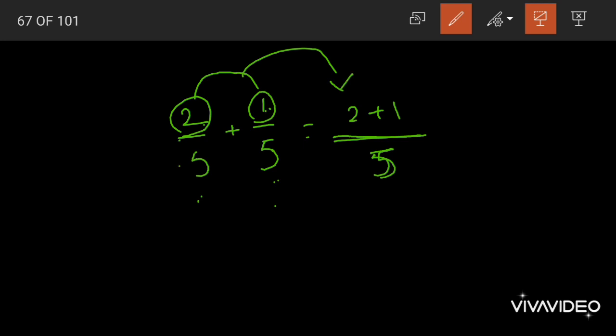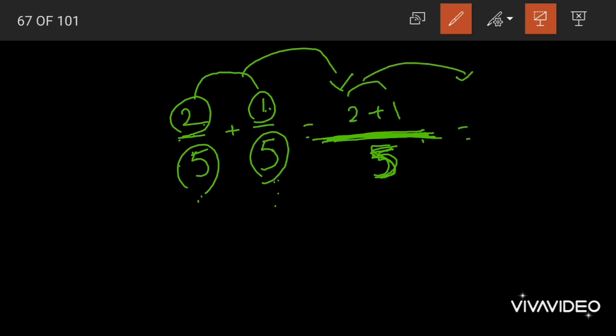And as both the fractions had the same denominator, instead of writing it for each, we combined and put the divided by symbol for both of them together and wrote one single denominator, that is 5. Now 2 plus 1 becomes what, children? 2 plus 1 becomes 3. Then don't forget to write the divided by symbol, children. Yes, divided by 5, which is our denominator.